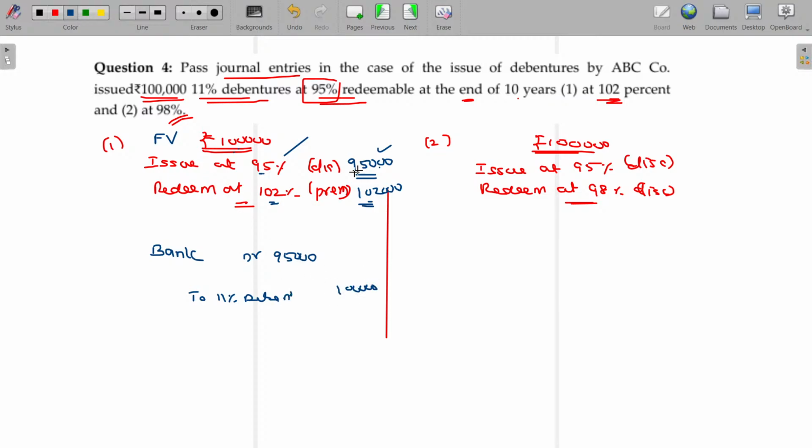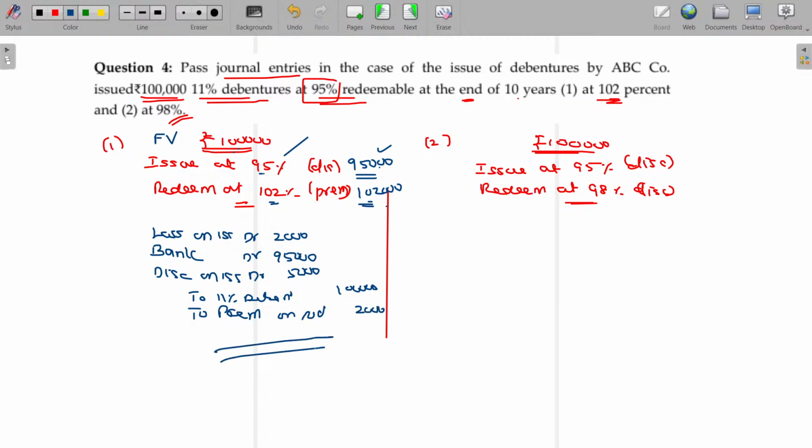The difference between these two, discount on issue of debenture, 5,000 rupees. On repayment, you pay 2,000 rupees additionally. As you are paying extra money, it is a loss on issue, debit. And this is not a current loss, it is payable on redemption. So premium on redemption, the value being 2,000. Clear?